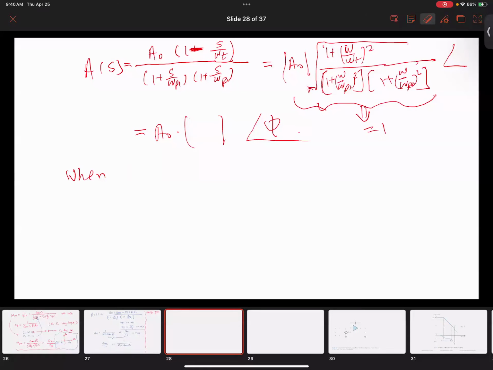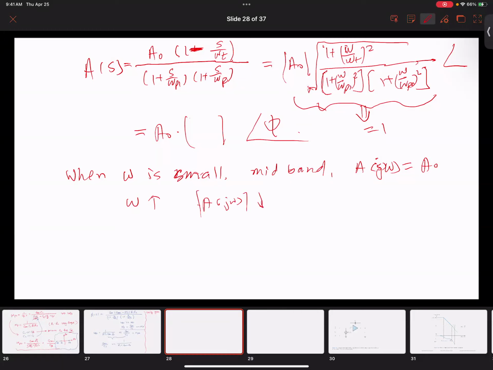When omega is small, which is low frequency, it's in the middle band, and A of j omega is equal to A0.